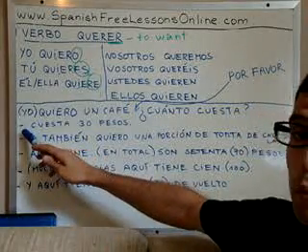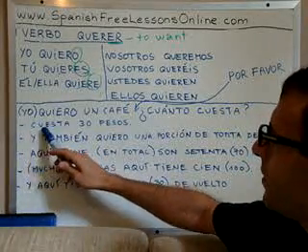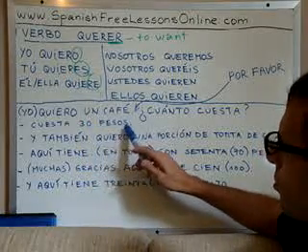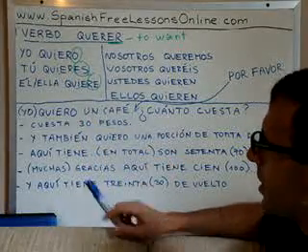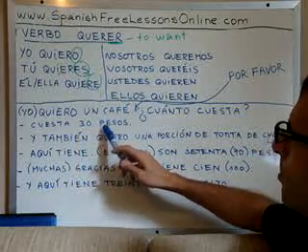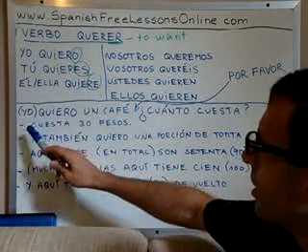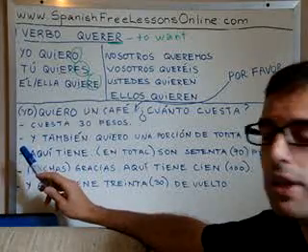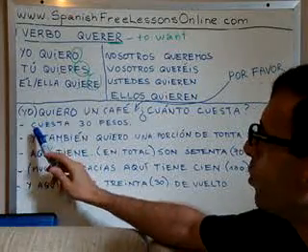The reply of the waiter would be cuesta 30 pesos. It costs 30 pesos. Again, here we are omitting the subject that is already implied in the verb cuesta.